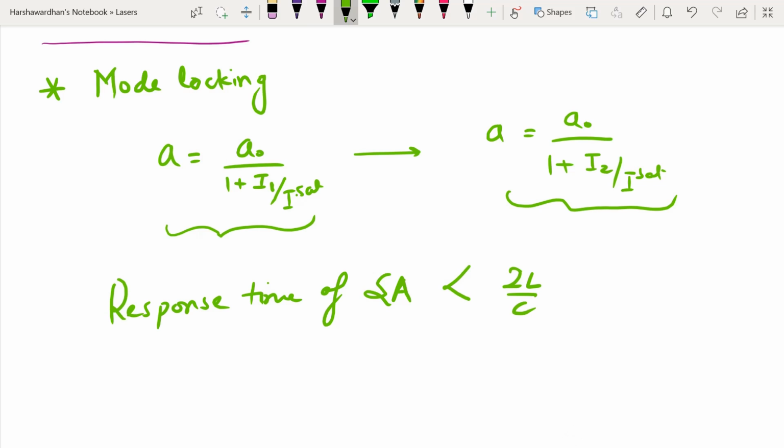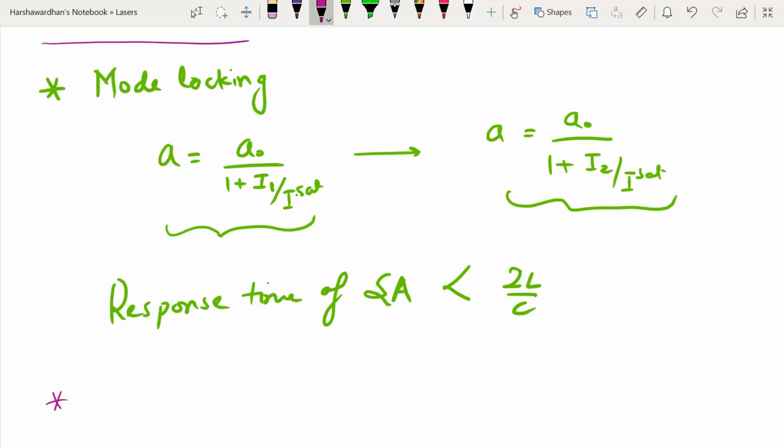If we can respond faster than that, essentially the absorption will remain constant as the intensity varies. And of course, for Q switching, one doesn't really require such a short response, and a longer response time is usually tolerable.